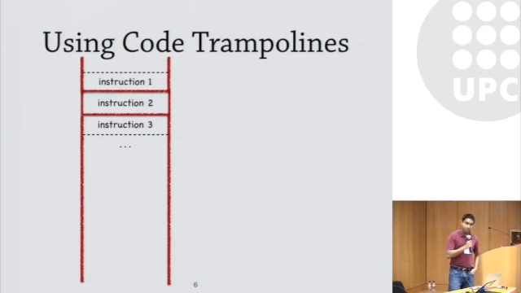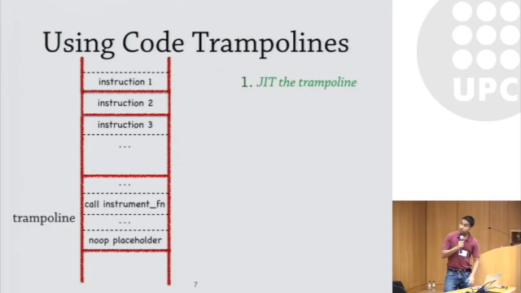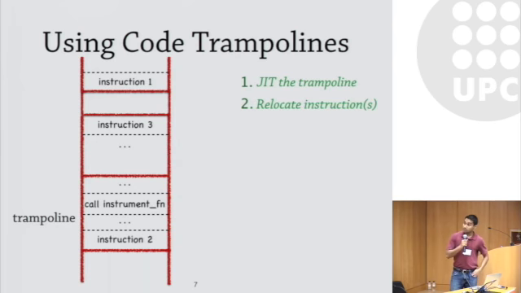The typical method of probing applications is by using call trampolines. Let's see how this works. Let's say we want to probe at this highlighted instruction in the instruction stream. The first step is to generate, or JIT, the call trampoline, which contains the call to the actual instrumentation function. As the next step, you relocate the probed instruction to the trampoline.